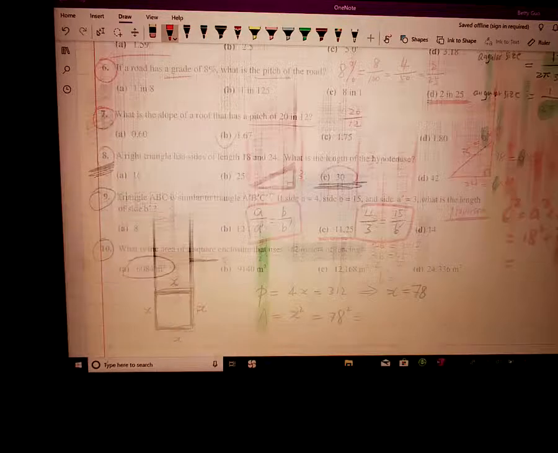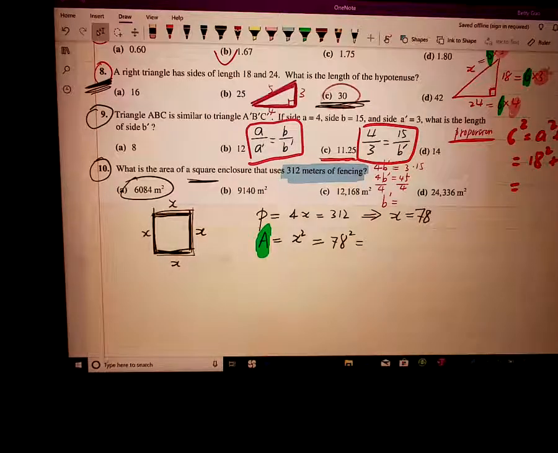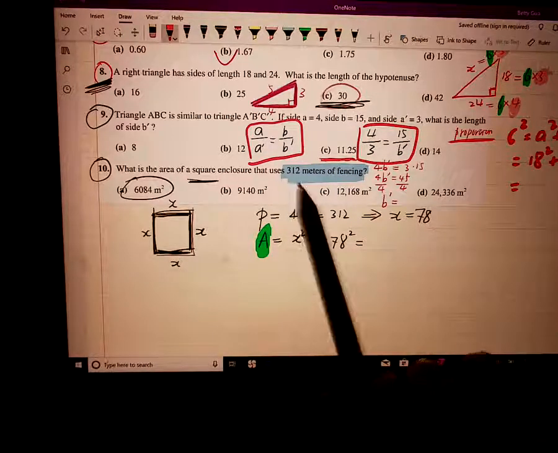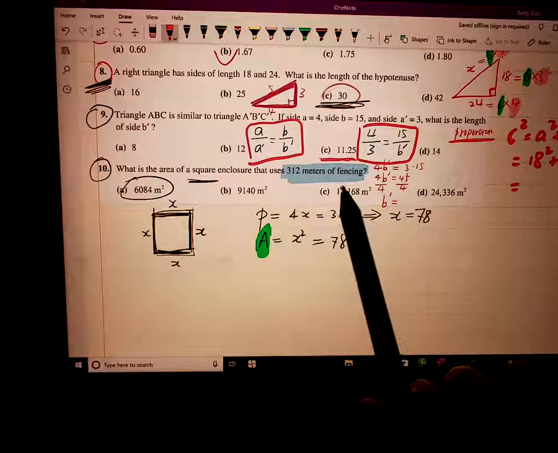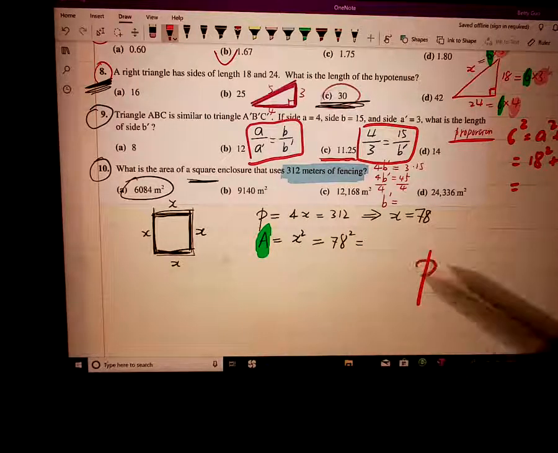Number 10. What's the area of a square enclosure that is 312 meters of fencing? When we look at the 312 meters of fencing, that's the perimeter of the fence. So we are given perimeter.